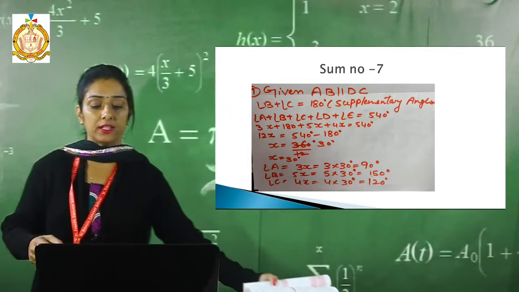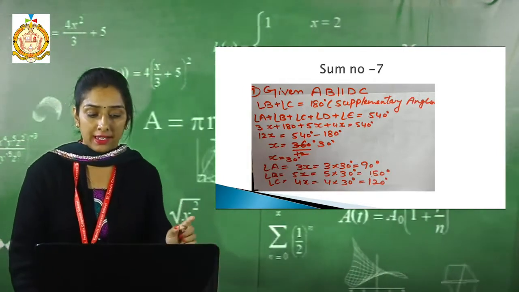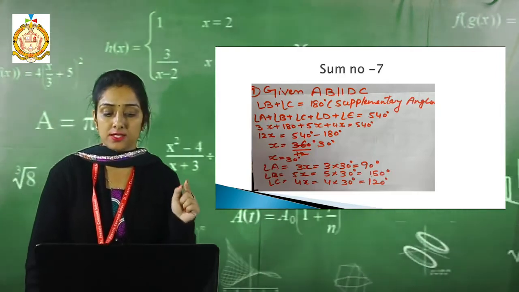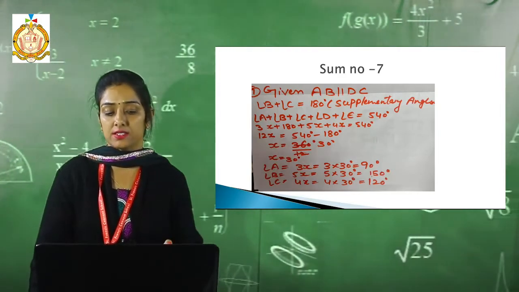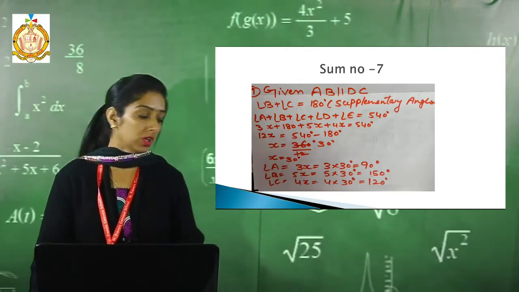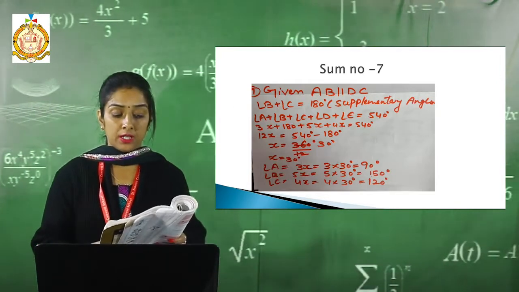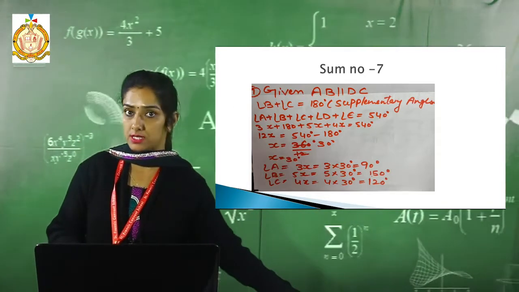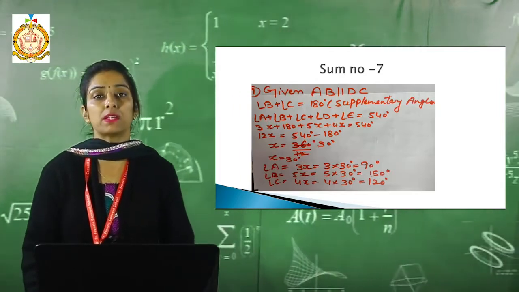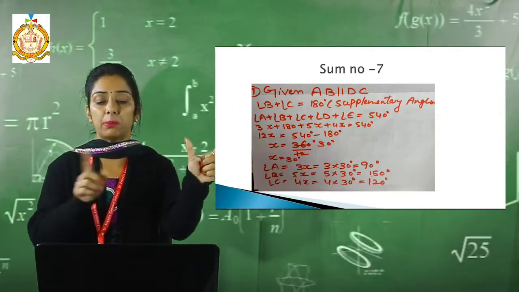Now find angle E. See here angle A is given, angle C is given and angle E is given. So first of all, he said that AB is parallel to DC, meaning angle B plus angle C, they both are supplementary angles.